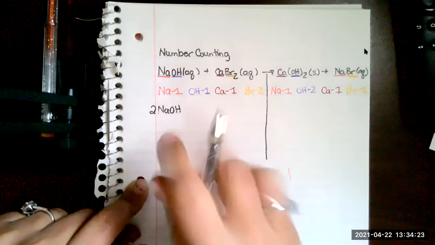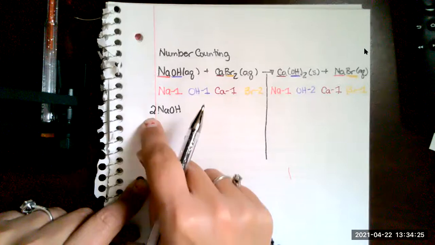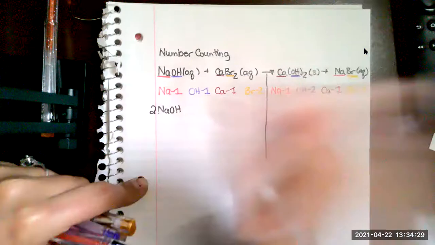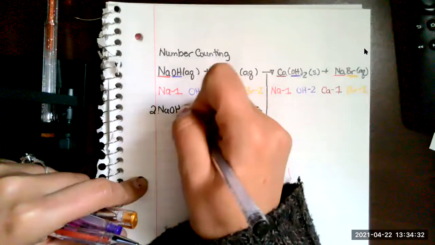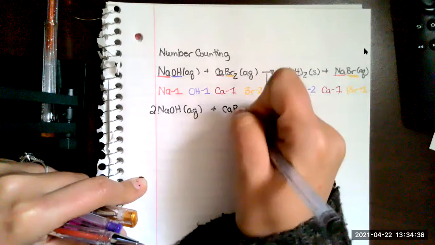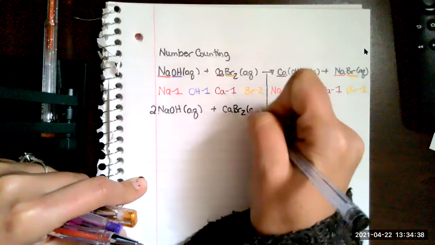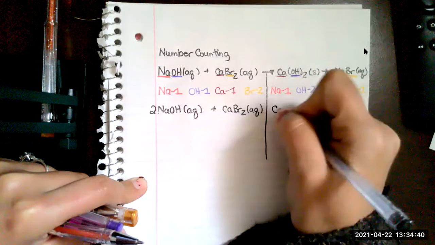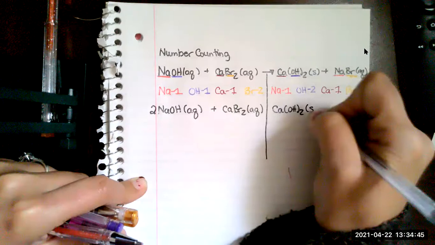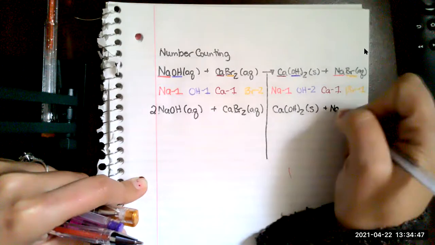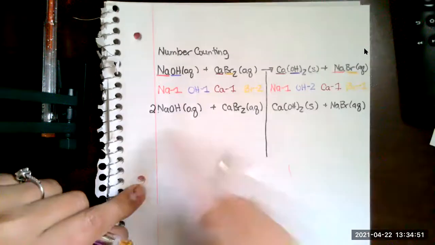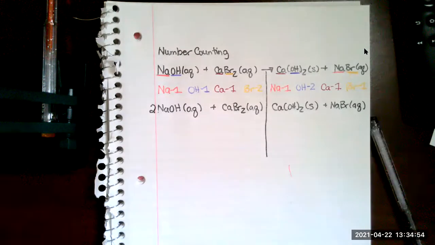Now I've changed a coefficient here, which means everything else should remain the same. So I just copy it down exactly. Okay, because we changed a coefficient, we now have to redo our count.